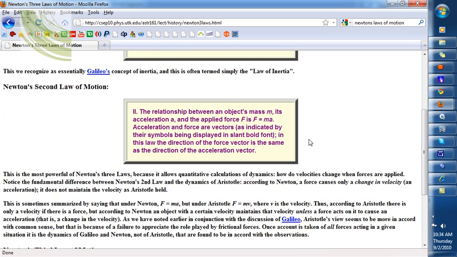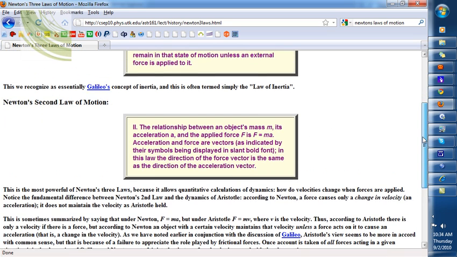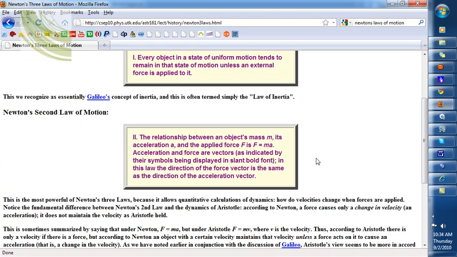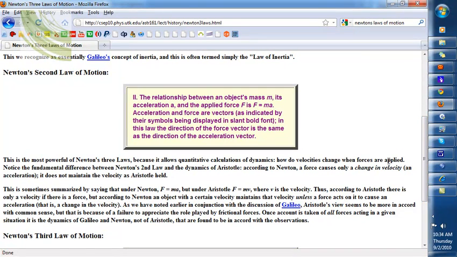Now his second law of motion, the way I understand it, gets into really heavy mathematical stuff. So let's put it as simply as possible.